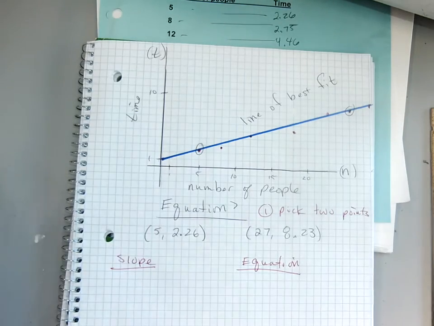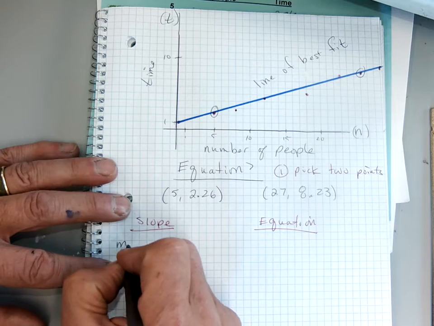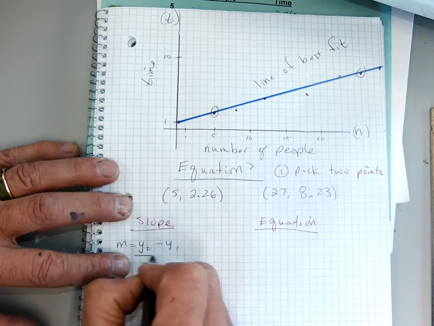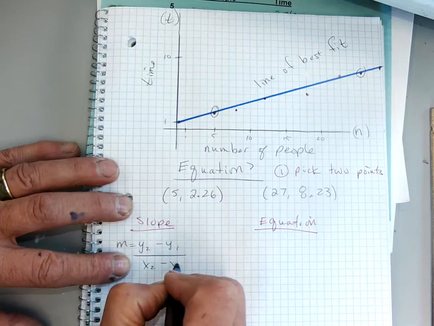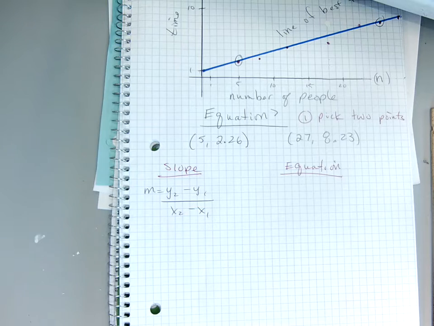I have a slope formula: m equals y2 minus y1 over x2 minus x1, right? I want to use that. So let's find the slope first. Now I'm probably going to need a calculator or my phone or whatever. I'll probably get a decimal.